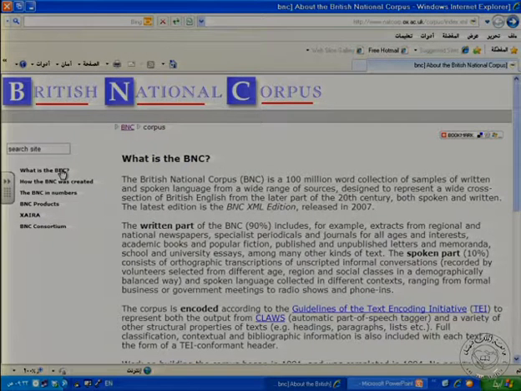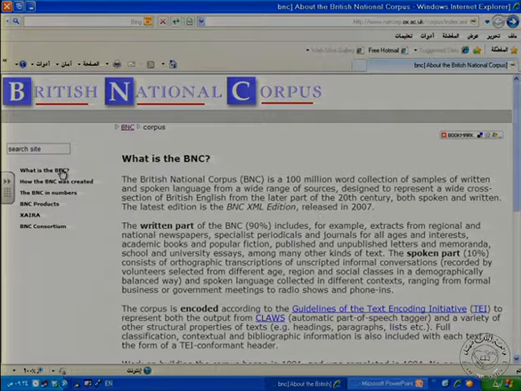The latest edition is the BNC XML edition, released in 2007. So it is a 100 million word collection of samples of both written and spoken British English.